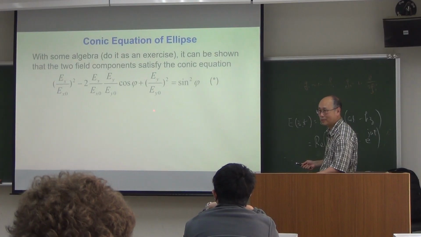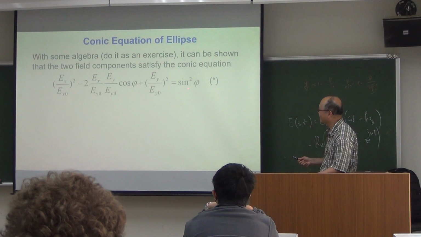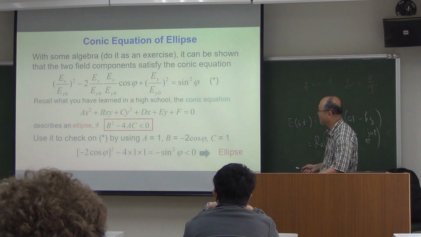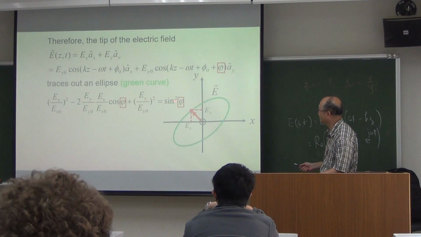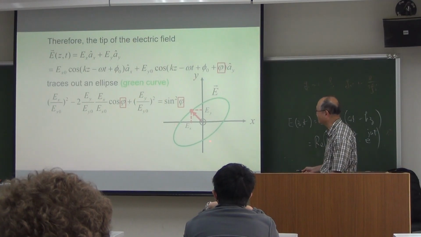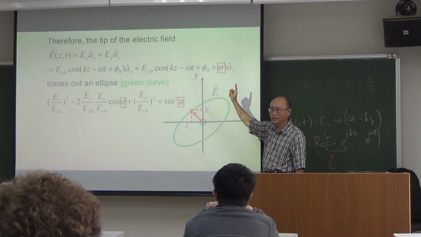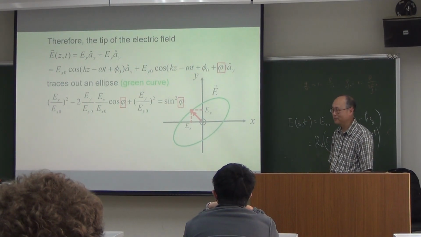We talked about this in chapter 0 already. And we identified that with this phase difference between the x and y component, you have an ellipse on the xy plane. So you end up having this trajectory of the tip of the electric field on the xy plane.